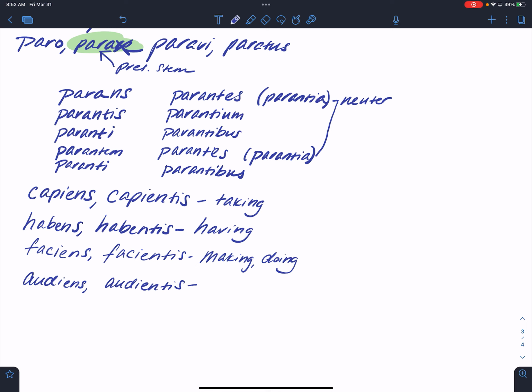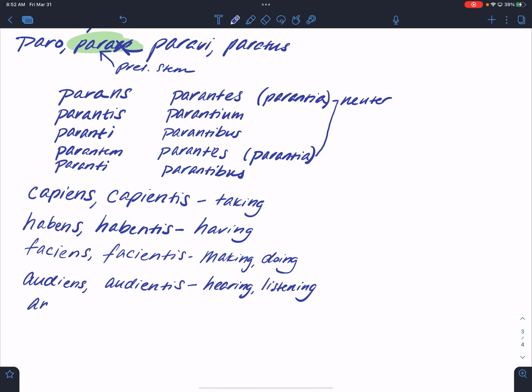Okay, audiens, audientis comes from audio, audire, audivi, auditus. So hearing or listening. Good instinct, Tom. Oh, we gotta do this one, I guess.